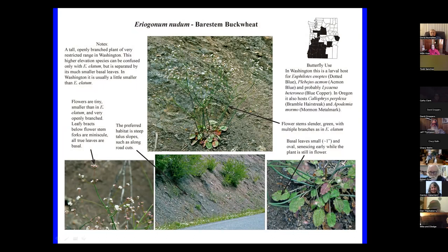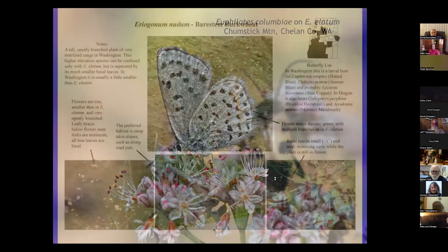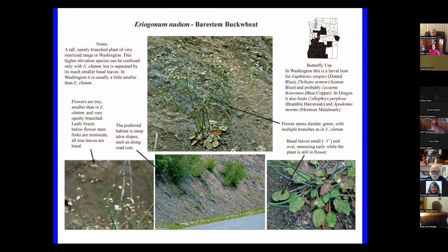They're small and round, whereas elatum has these huge pointed leaves at the base. The leaves are very different, but the plants themselves are really quite similar. Bare stem buckwheat, nudum, doesn't grow quite as tall as elatum, and it's much more restricted in its range. It's found in only a few areas.